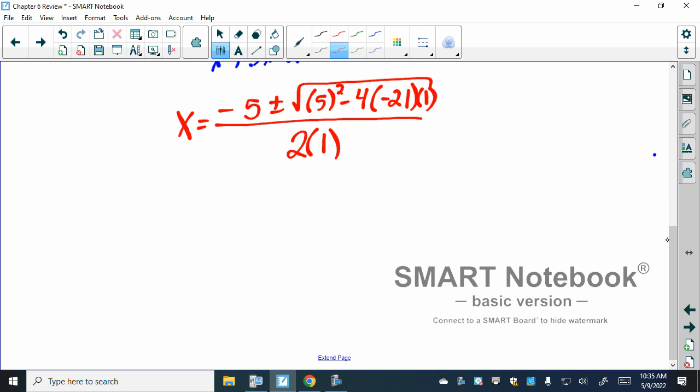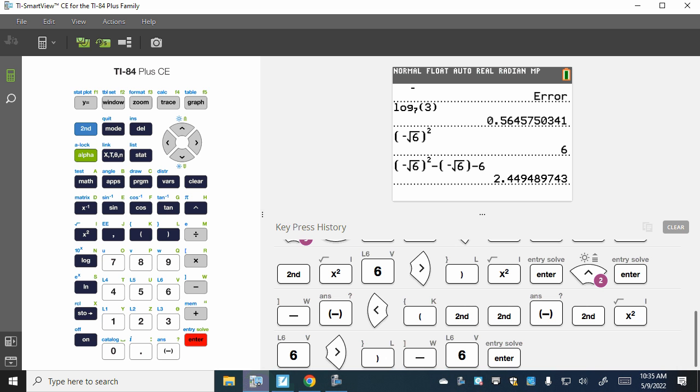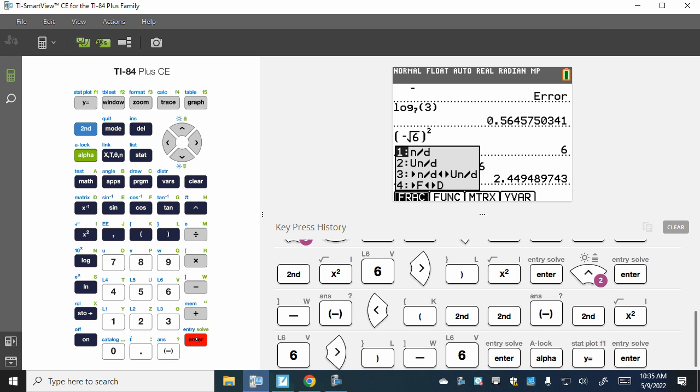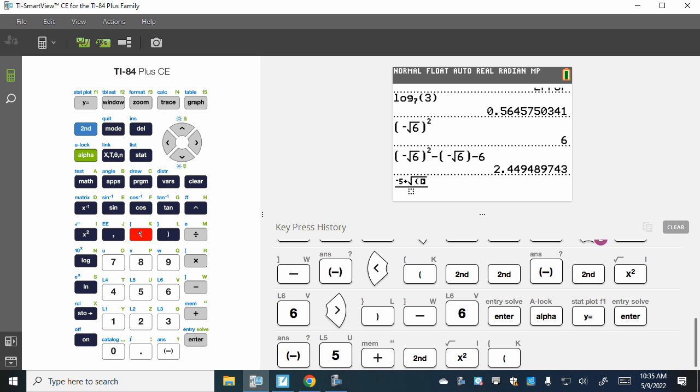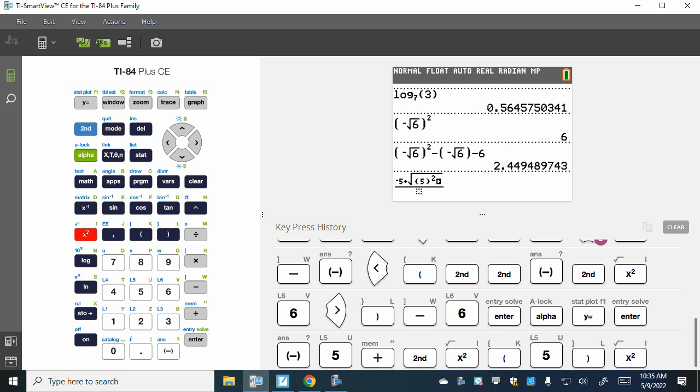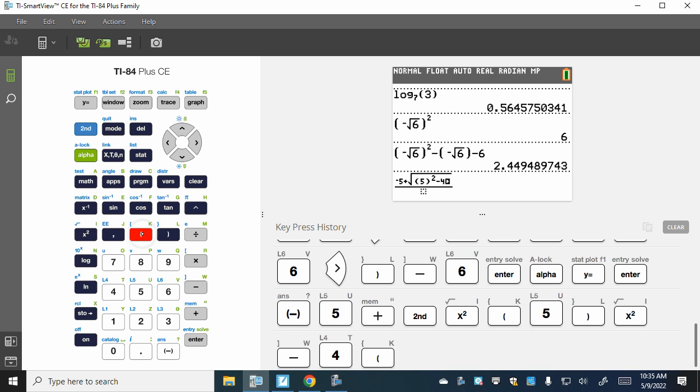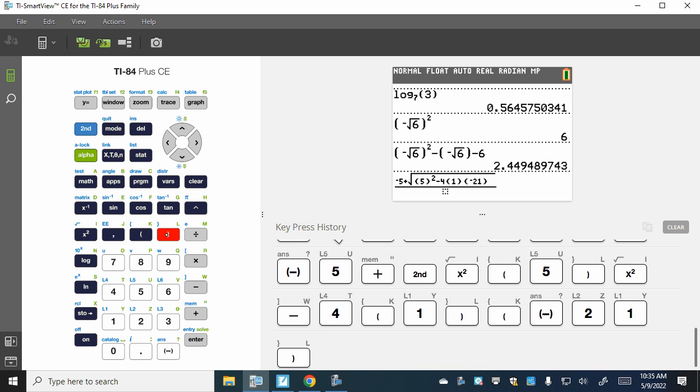Questions on any of this here? Now, at this point, we can go on and type this into the calculator. Alpha y equals enter. So we have negative 5 plus second square root 5 squared minus 4 times 1 times negative 21 all over 2 times 1.